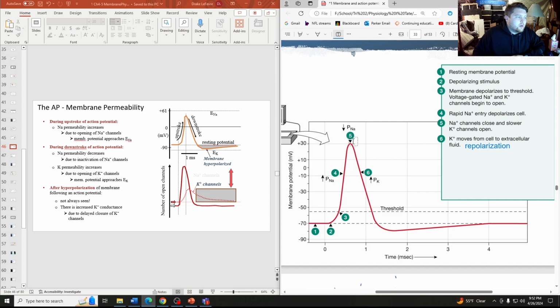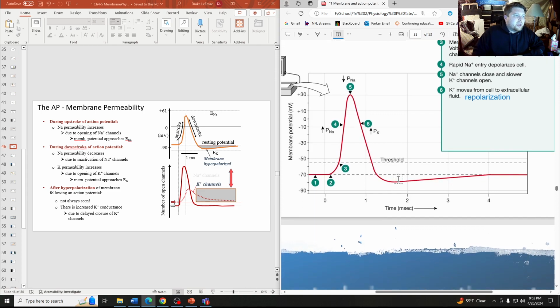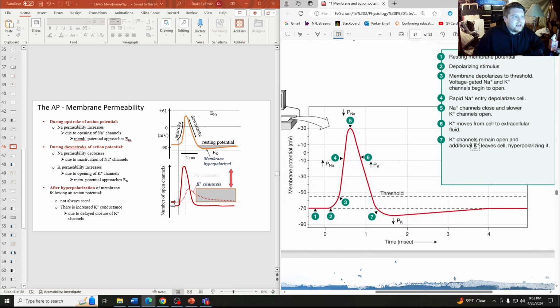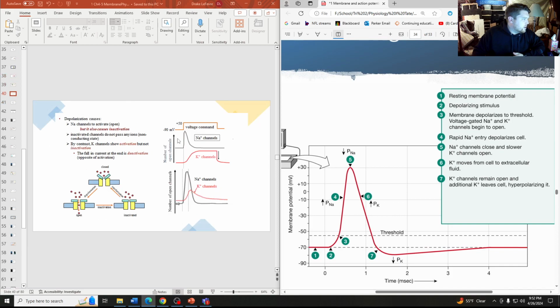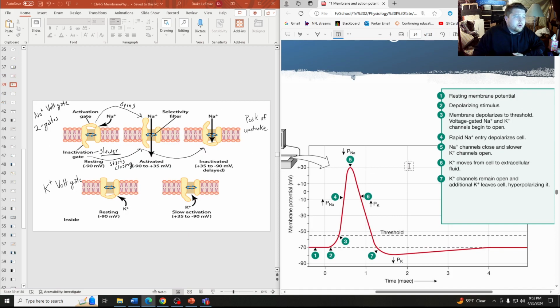Voltage-gated sodium channels close up here, the voltage-gated potassium channels fully open, and we come back down with repolarization. This part over here is the overshoot, and then we continue all the way down and get hyperpolarization. The potassium channels remain open, so additional potassium leaves the cell, hyperpolarizing it. That's because the potassium gate moves pretty slowly, so it slowly closes and allows potassium to continue to leak out a little bit longer than it should.